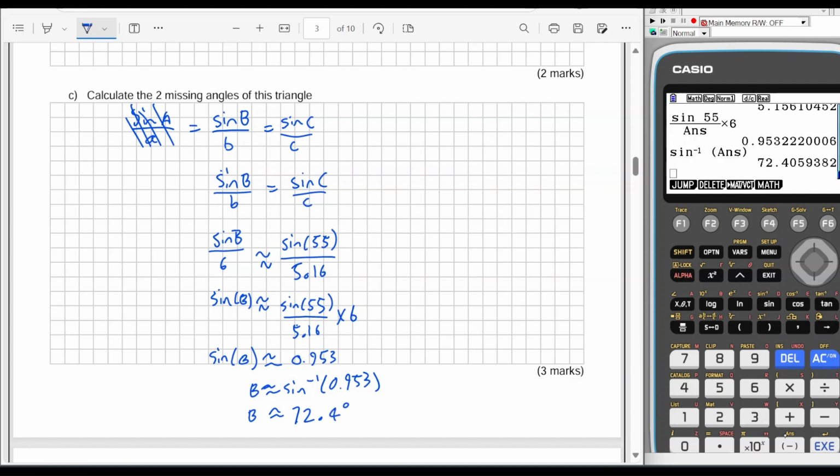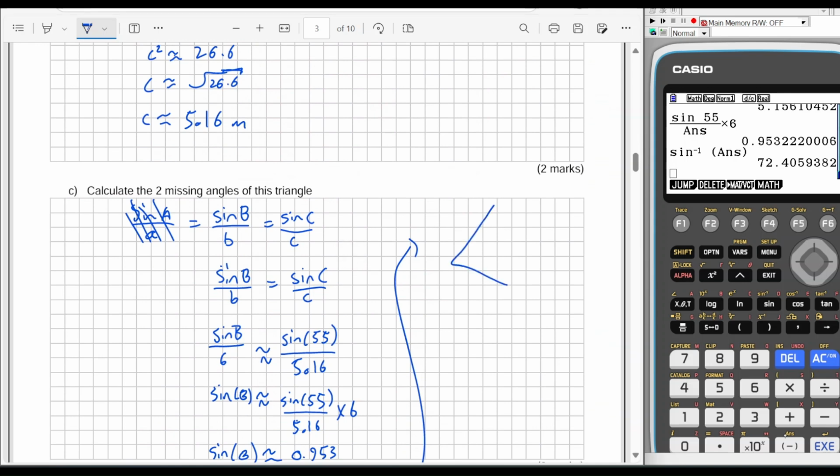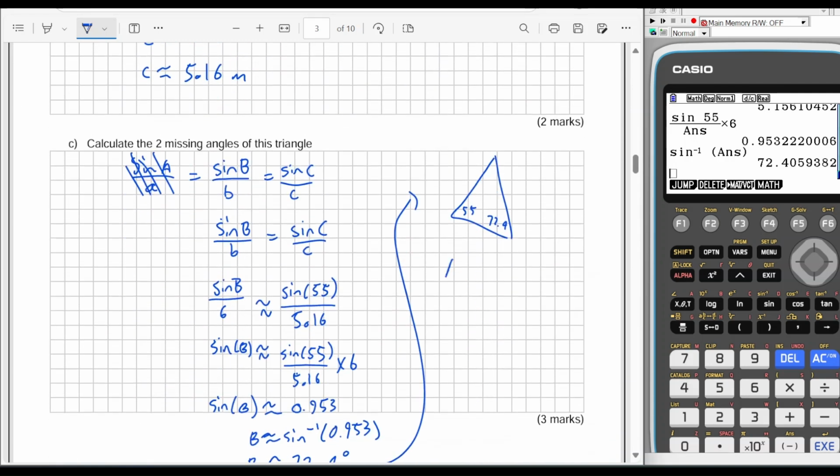Cool. All right. Now with this triangle, I've got that bottom angle is 72.4. That angle is 55. So that means that our last angle A, well, all 3 angles would have to equal 180 degrees. So we can just go like sum of angles in a triangle, something like that.